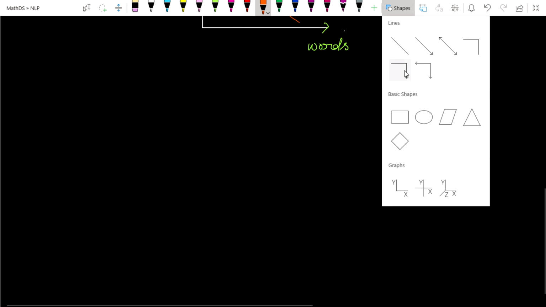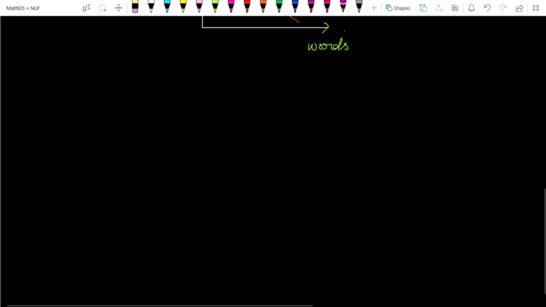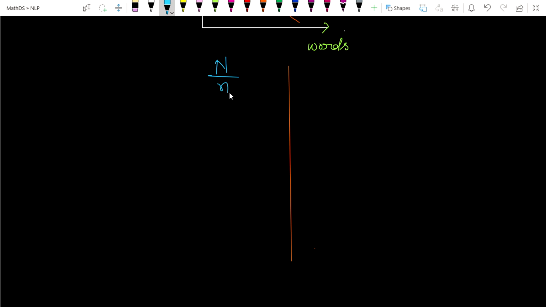Suppose we compare side by side: on the left side we use n by n_i, and on the right side we use capital N by small n_i. We will use these two to compare side by side how much these things differ.